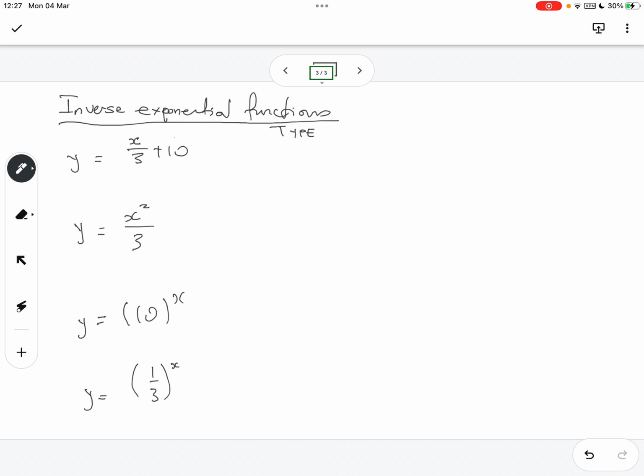Alright, so we're going to have the type of function, and then inverse 1 and inverse 2.